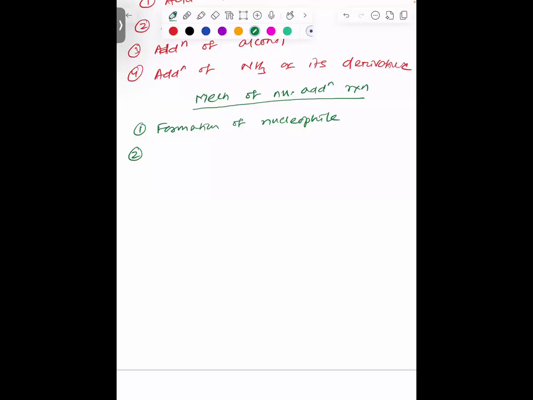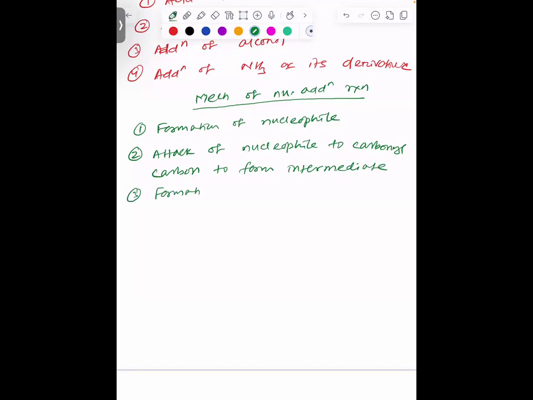Second step is attack of the nucleophile on the carbonyl carbon to form an intermediate. Then the last one is formation of the product.